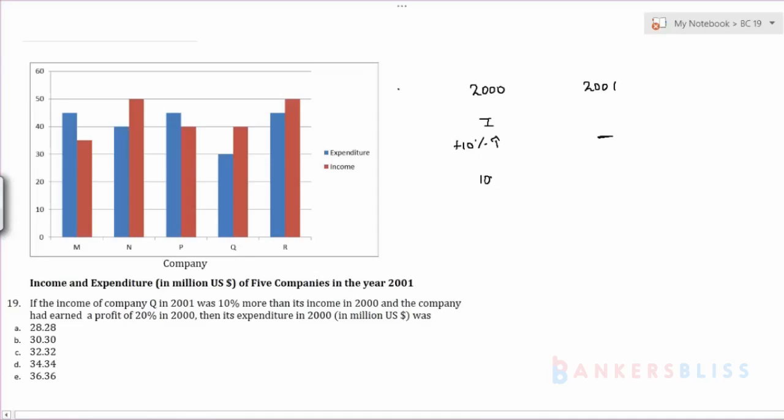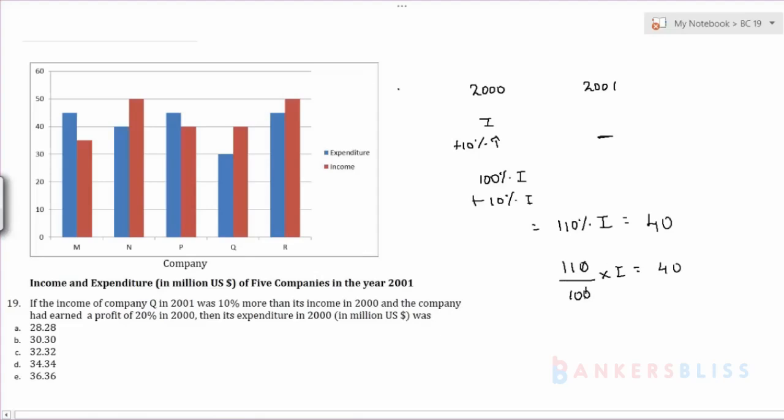So 100% income in 2000 plus 10% is 110% income, which is the 2001 income. The 2001 income of Q they have given as 40. So 110 by 100 into I is equal to 40.